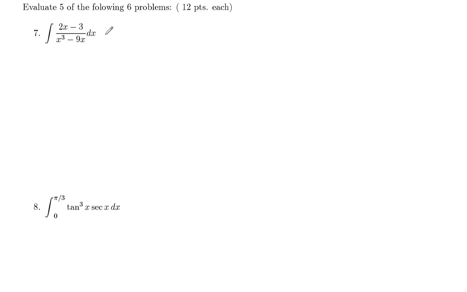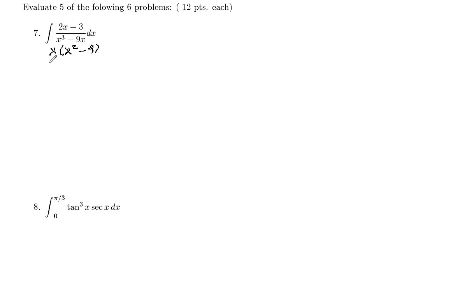So in this question, I look at this and I see a polynomial on the top and a polynomial on the bottom. So I'm thinking, aha, we need to do partial fractions on this thing. So we need to do a partial fraction decomposition. The first step of doing that is to factor the bottom here. So notice we've got a common factor of x. So we can factor out an x, and there will be an x squared left here, minus 9 is left.